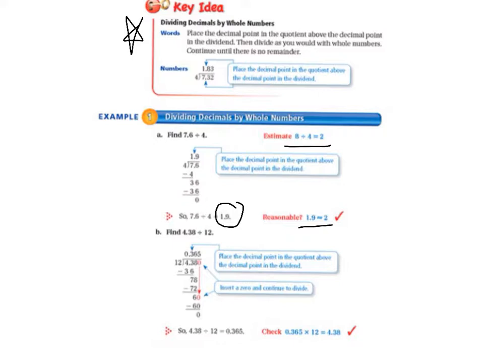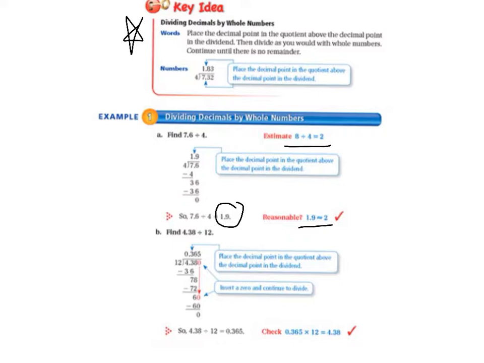So we put a 0 on top of our house, and then we skip on over and we pretend that this is 43 instead of 4.3. We're ignoring the decimal point. 12 goes into 43 3 times. 12 times 3 is 36. And so we subtract 43 minus 36 is 7.